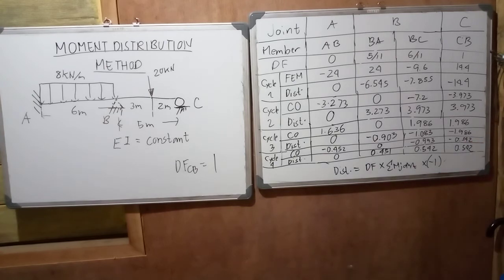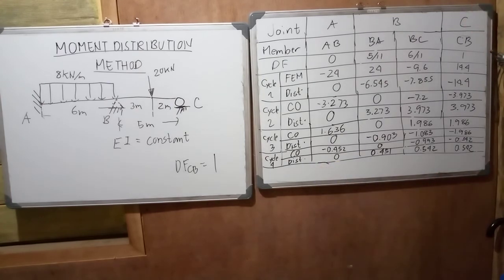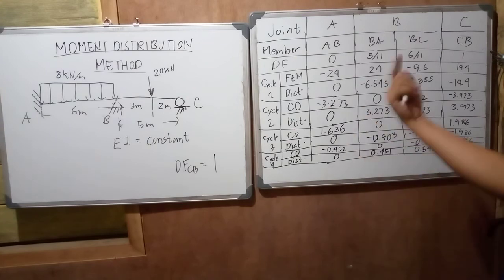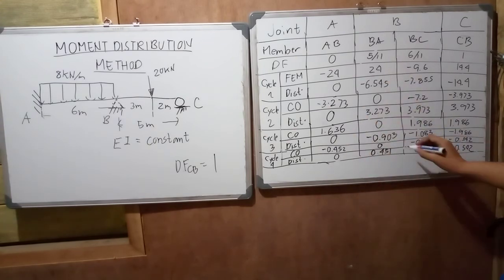Sum up. Dito na tayo sa cycle 4. Actually, pwede nyo pang ipagpatuloy hanggang umabot kayo, kahit umabot pa kayo ng 100 cycles. Pwede nyo ulit-ulitin para mas maging accurate yung sagot nyo.